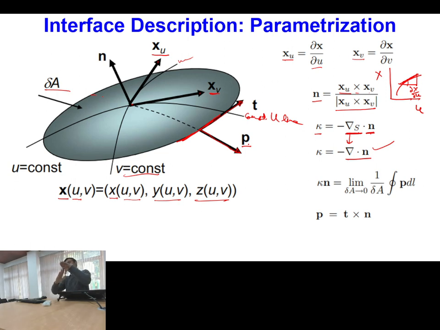Because in any orientation you take it with reference to the curve, with reference to this edge of my hand, it is always making an angle of 90 degrees. If I take it at this angle, at this angle, at this angle, every time it is making an angle of 90 degrees.